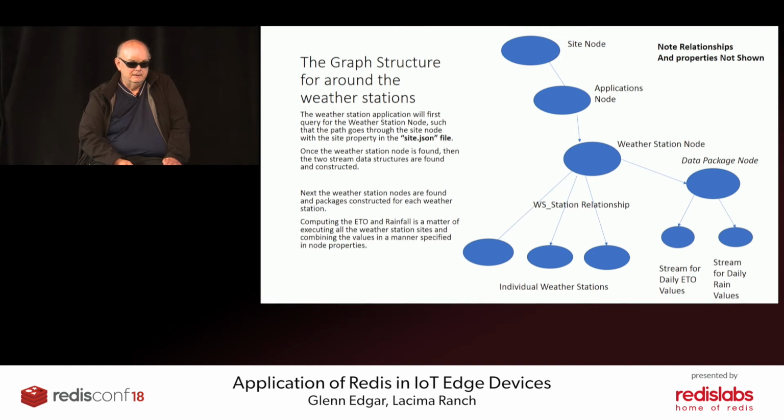So when I'm calculating evaporative loss, I'll use the graph to find out which weather stations I have. The graph will have the properties of the weather station, particularly URLs, tokens, stuff like that. They'll go out and fetch the values. And it works out fairly quickly. Very few search terms, and you can have a modular number of systems. It's easy to find the information. And it makes sense, particularly when you have to add another weather station relatively quickly.